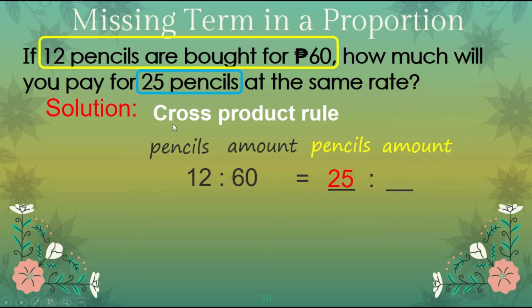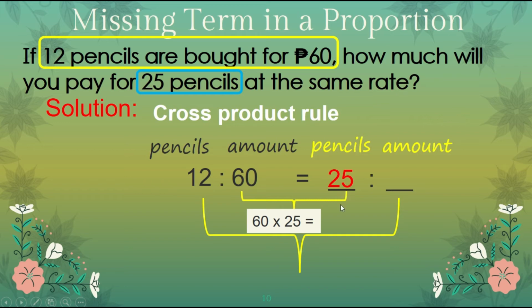So how are we going to solve it? We will use the cross product rule. You will multiply the means and you will also multiply the extremes. So 60 times 25, we have 1,500. Since one of the extremes is missing, to get the missing term, you will divide the product of the means, which is 1,500, by 12.